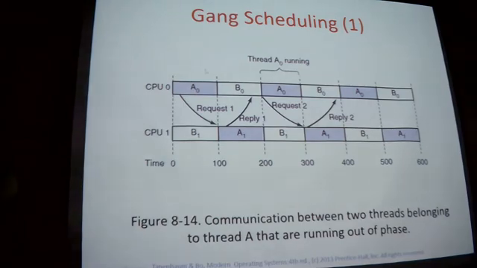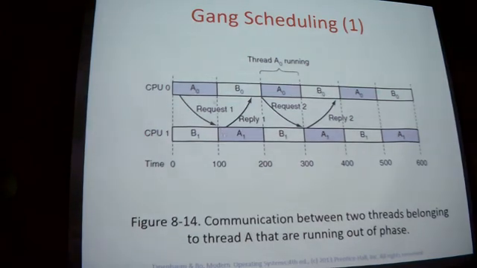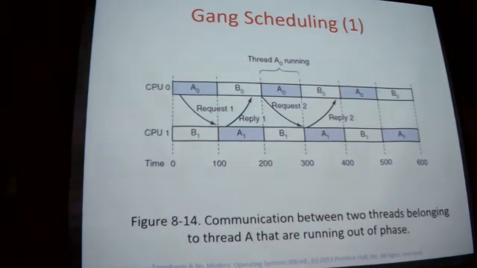And the difference is that these two threads, the shaded ones, come from process A, so they have to communicate and share some information. For example, A0 sends a request to A1, and A1 sends a reply.